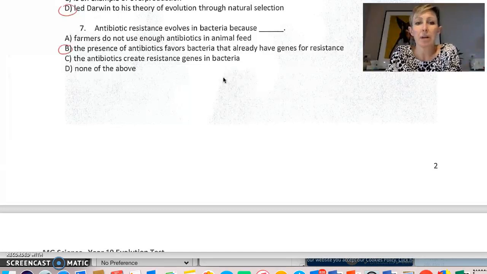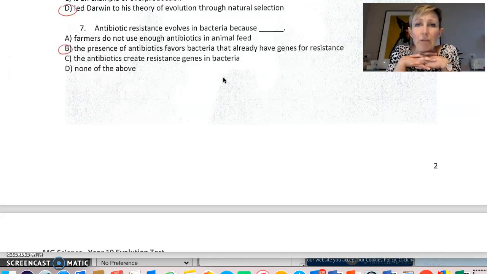Question 7. Antibiotic resistance evolves in bacteria because the presence of antibiotics favours bacteria that already have the genes for resistance. Now, if you've done a couple of the past papers that were on LMS, this would have been an easy one.